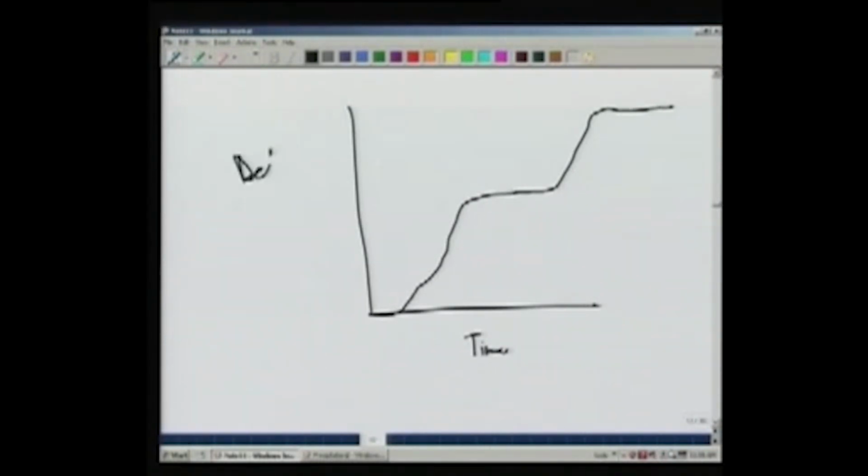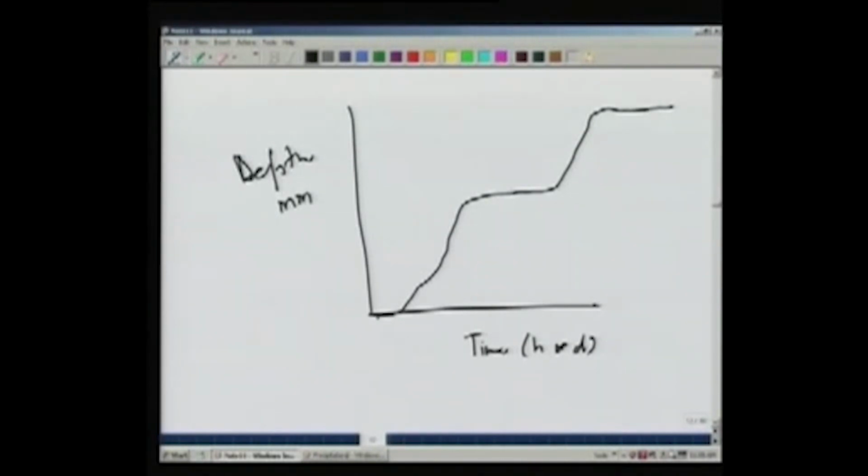Again, this is depth, maybe millimeters or centimeters, time maybe in hours or days. So this shows the accumulation of rain in the rain gauge over time.